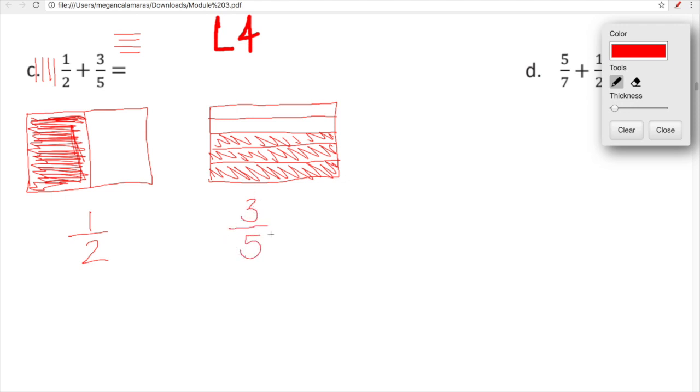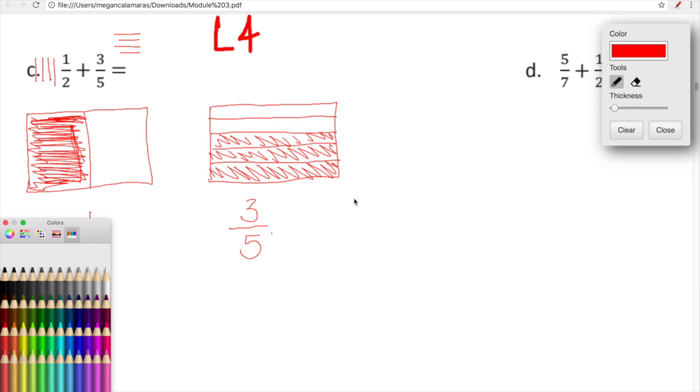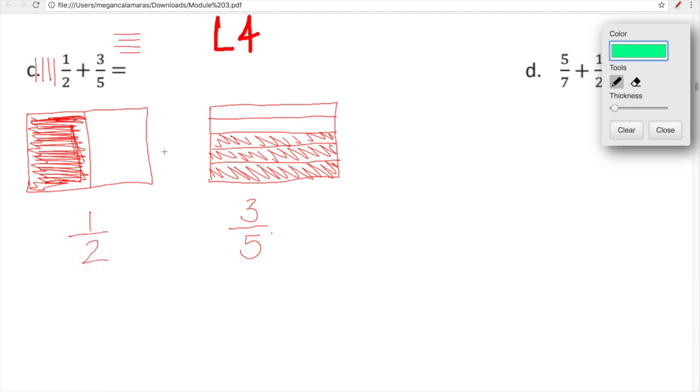Now we need to lay 5ths on top of our halves, and we're going to lay halves on top of our 5ths. I'm going to change color so that it is easy for us to see. Okay, so for 3/5 we're going to use our horizontal line.